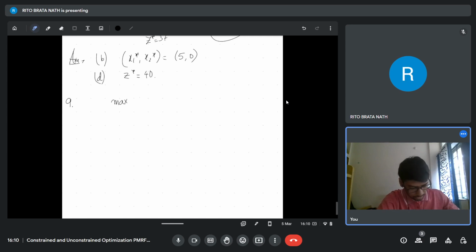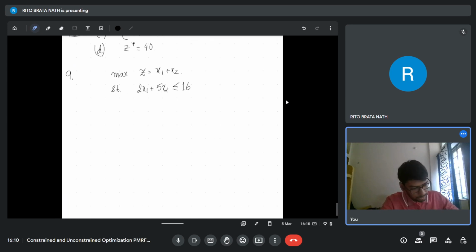Max of Z equals x1 plus x2, subjected to 2x1 plus 5x2 less than equals 16, 6x1 plus 5x2 less than equals 30, x1, x2 greater than equals 0, x1 is integer, but x2 can be anything, right?